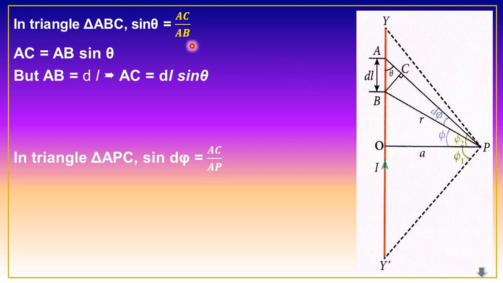But we know AB is equal to dL. Therefore we can put dL instead of AB, so AC is equal to dL sin theta.